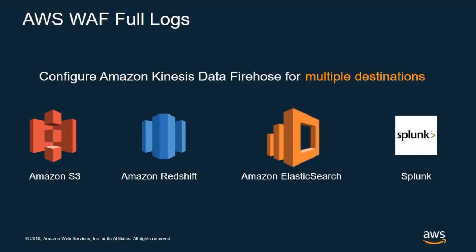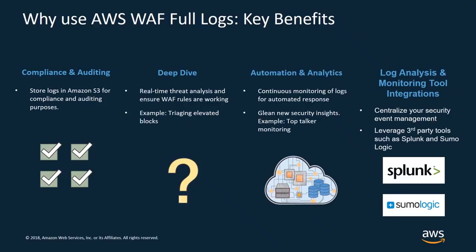But why do you send these to different destinations? There are some key reasons for which destination you would use for different purposes. For instance, if you have compliance and auditing requirements, a lot of customers tell us that they need to use AWS WAF for PCI compliance.